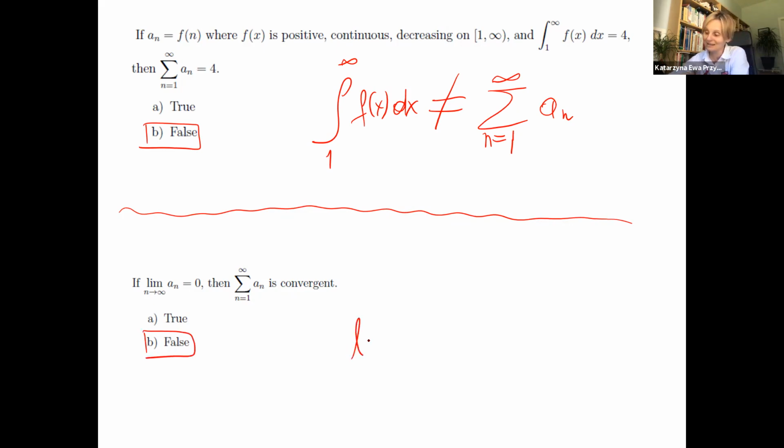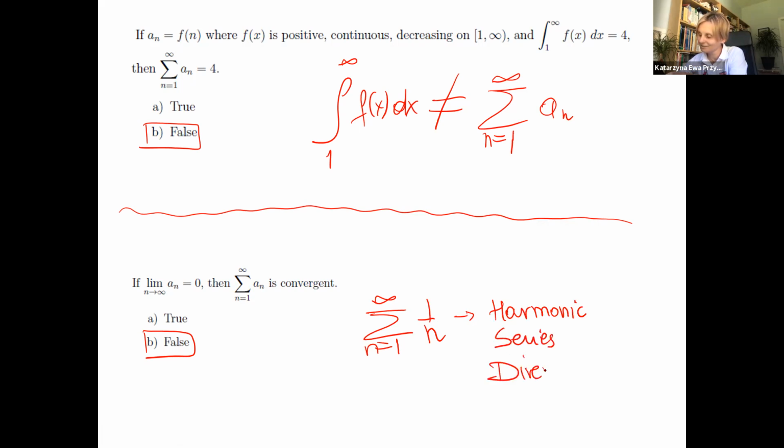Of course, it's false. What is the example to prove it? Harmonic, 1 over n. That's the harmonic series. Divergent.